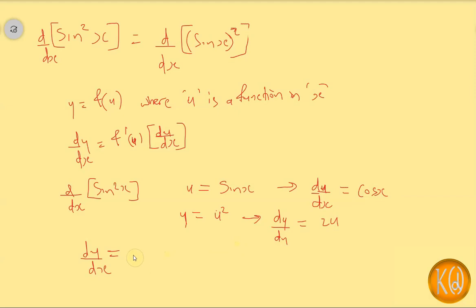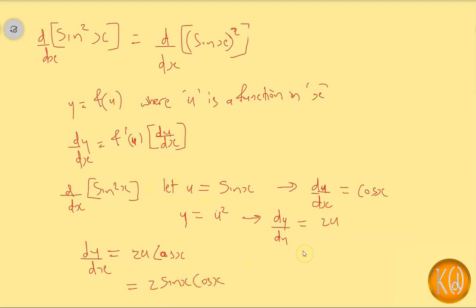So that's f prime of u, which is 2u multiplied by du dx, which is cos x, and let's just back substitute. So remember that we let u equal to sine x, so we're going to plug sine x where u is. Therefore that would be equal to 2 sine x cos x.